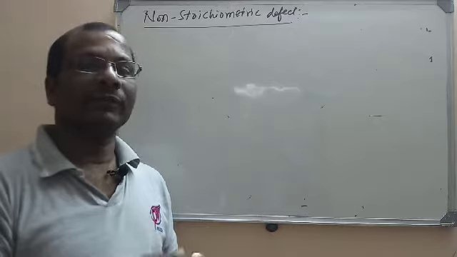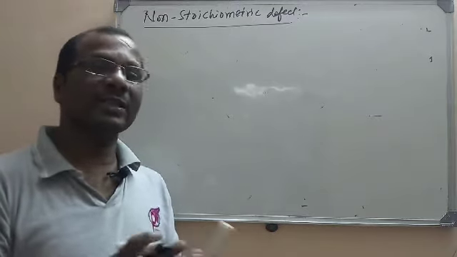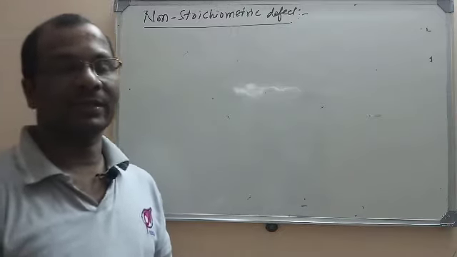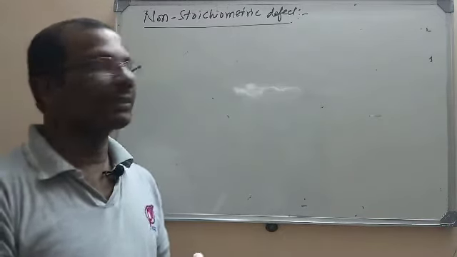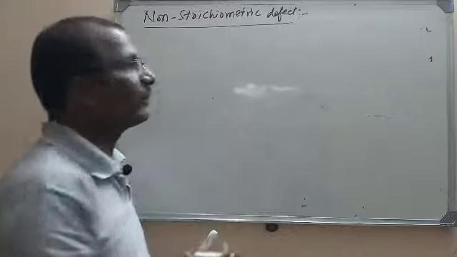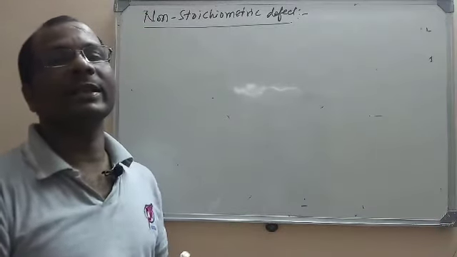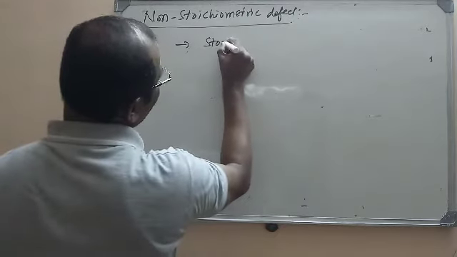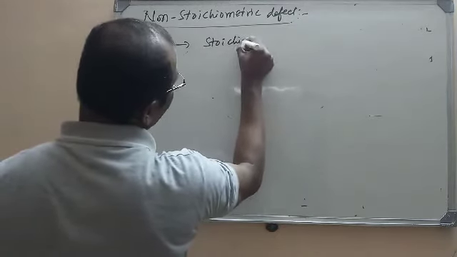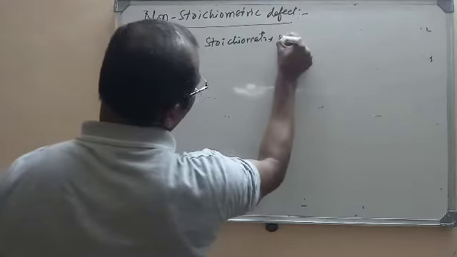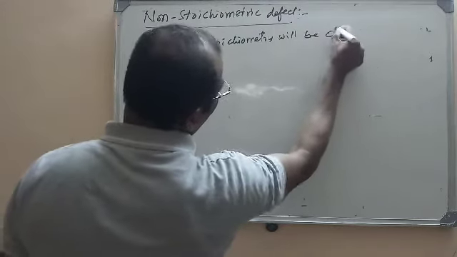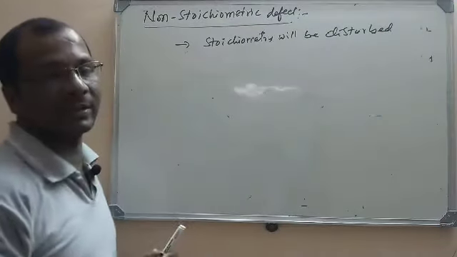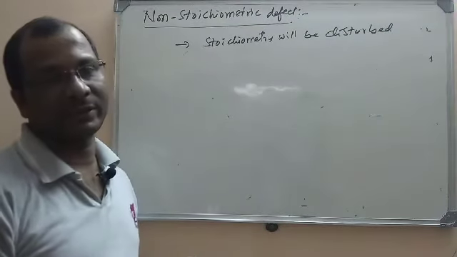So after a stoichiometric defect, there will not be any change in the ratio of Na and Cl. But here, because of the defect, the stoichiometry will be disturbed. The defect by which the stoichiometry is disturbed is known as a non-stoichiometric defect.